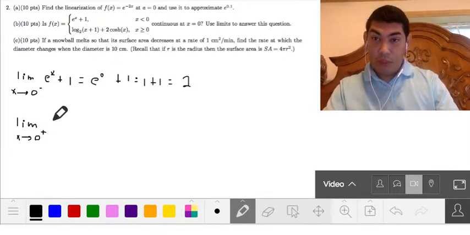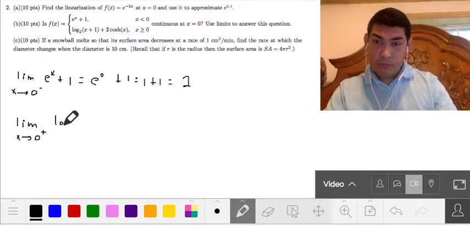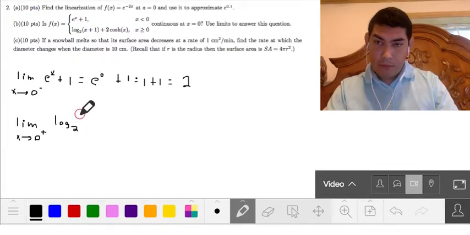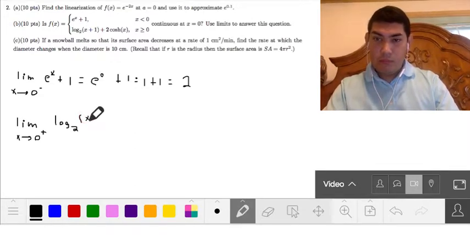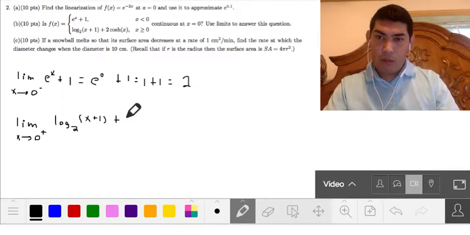Of the function, which is equal to log base 2 of x plus 1, plus 2 times the hyperbolic cosine of x.